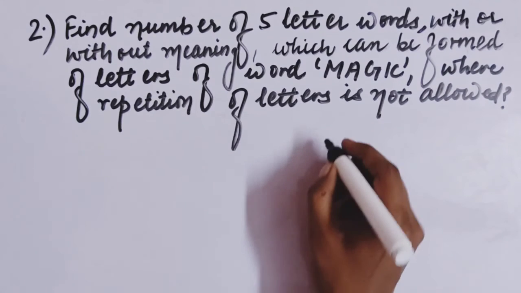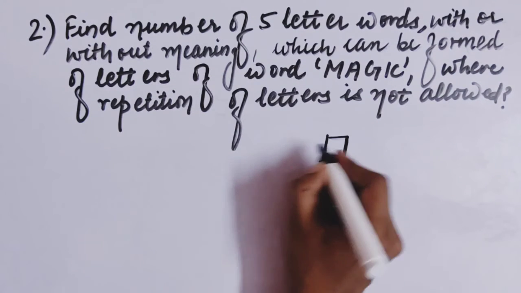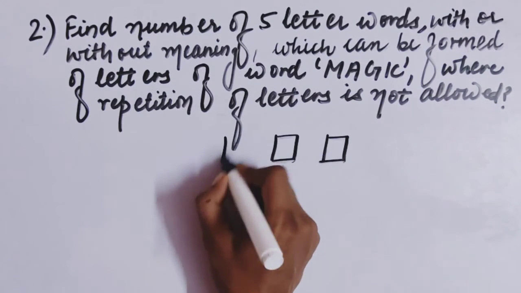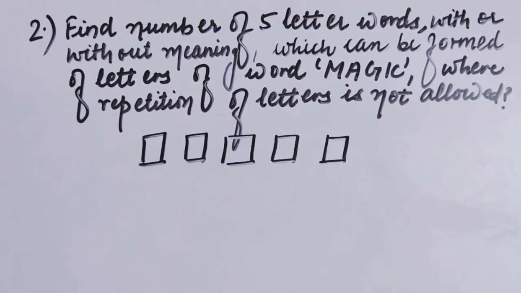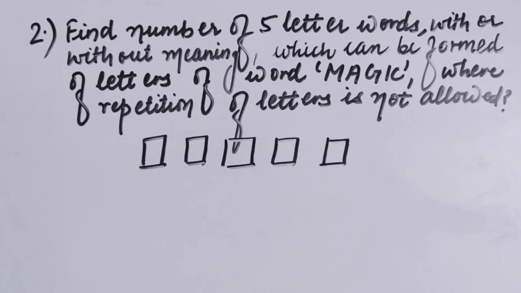You have total 5 places: 1, 2, 3, 4, 5. We are required to fill these places with letters so that a word is formed, whether it has a meaning or not, that is okay.